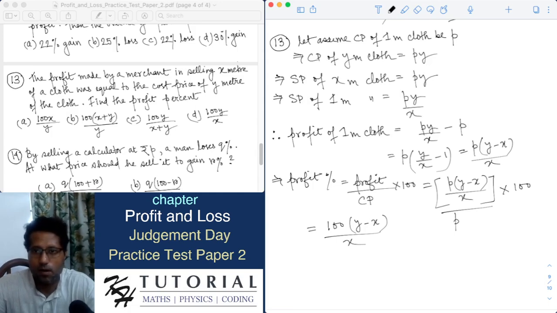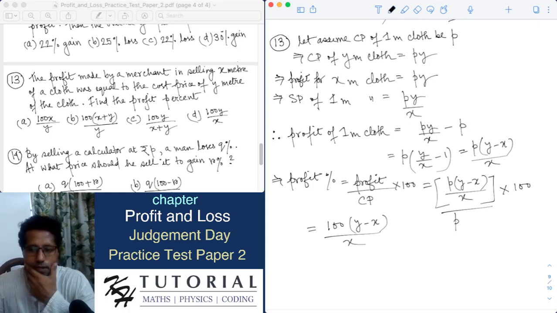So the profit made by a merchant in selling X meter cloth is equal to Py.